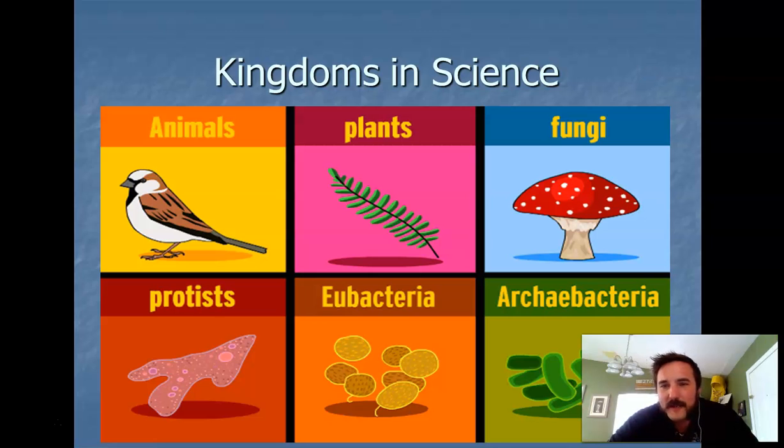But you can see that, yes, all of them are alive, but they're also very different. And yes, these kingdoms are incredibly broad, just like you have a whole soda pop aisle going all the way from the front of the aisle to the back of the aisle. There's all kinds of them. And you can say that about plants. Obviously, a little bit of grass is not the same as the huge oak tree in your yard. And same with animals.